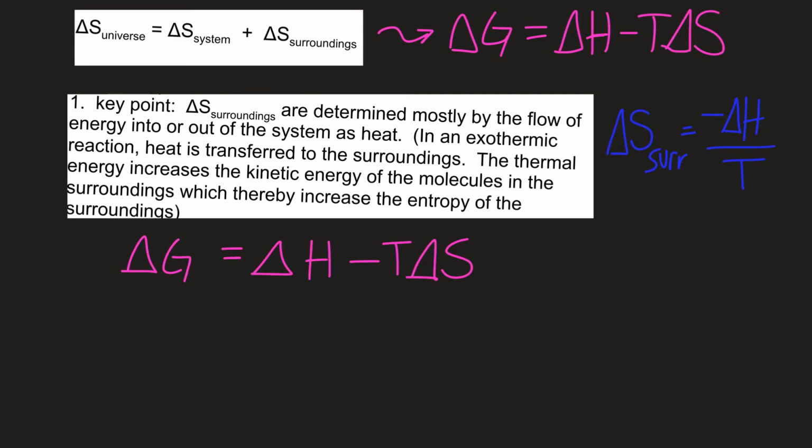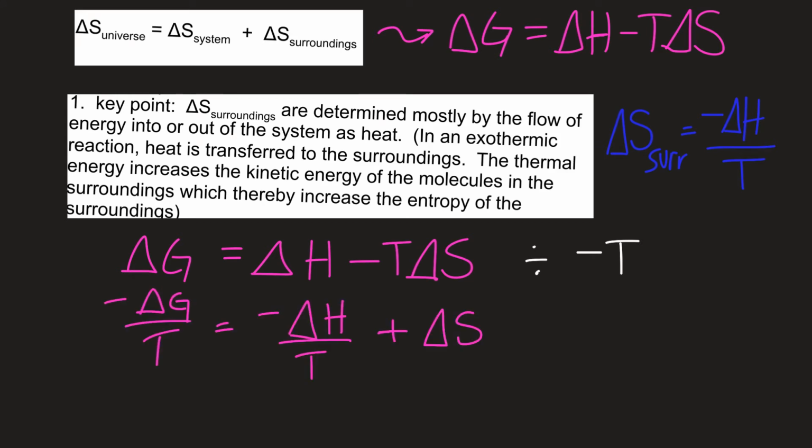Next, we're going to divide the delta G equation by the opposite of temperature. So make sure that you understand how I just got this work, okay? My negative signs canceled out here, my temperature canceled out, and this is just delta S of the system.